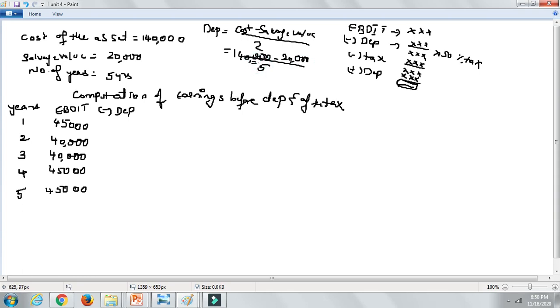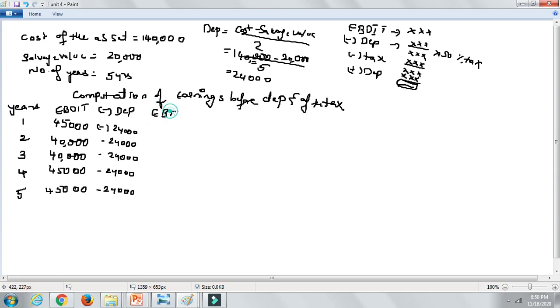If you calculate this, it will come to 24,000. As we did in ARR, here also you do it like that. You subtract 24,000 in all the years.